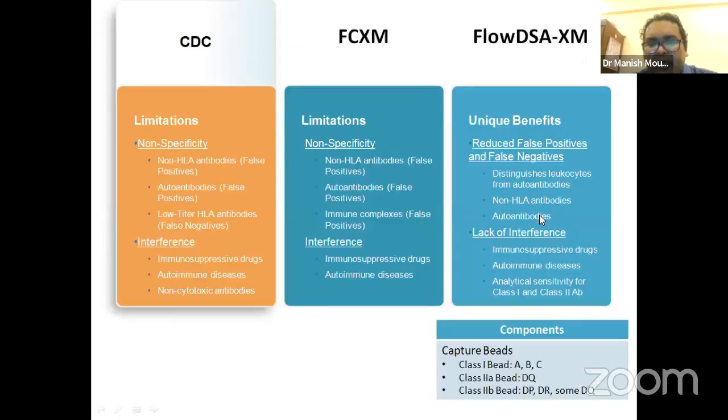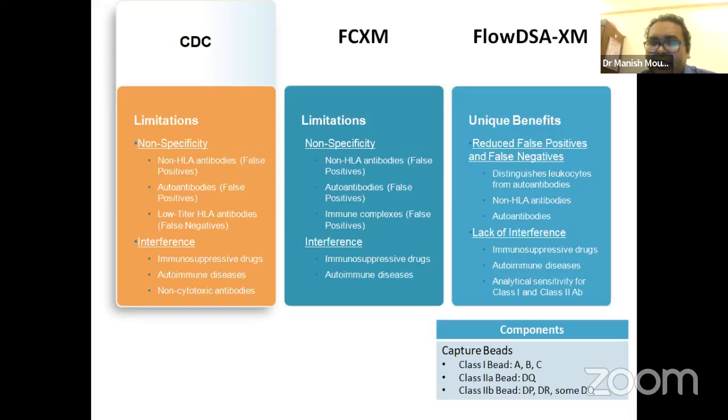Now we are developing another flow cytometry method. I think it is going to be available in the next couple of months, within 2-3 months, where we can club the Luminex DSA formula and the flow cytometry formula. So we are going to work on bead as well as cell together.